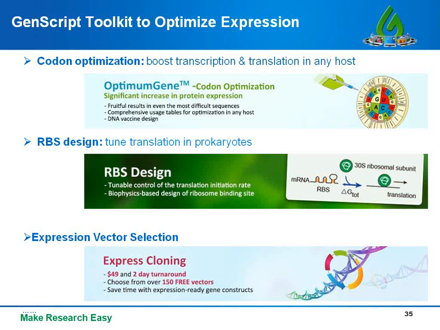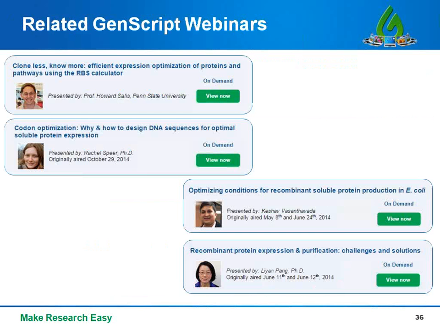We're pleased to offer RBS design using the RBS calculator to help you tune translation initiation rate in prokaryotes. And finally, to help make it easier for you to test different expression vectors, we offer express cloning that lets you choose from over 150 free vectors to try. So it's a pretty low risk way to try multiple vectors to find the one that works best in your system.